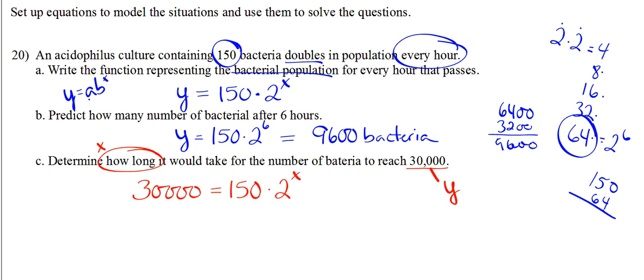So what's the first step in solving this? You will divide by 150. And when you divide that by 150, you get 200. One too many zeros.